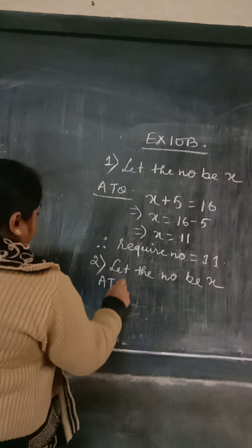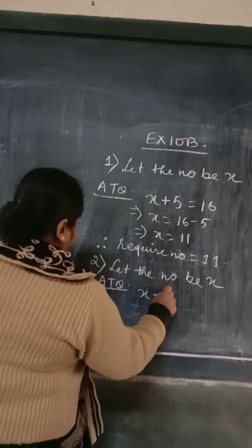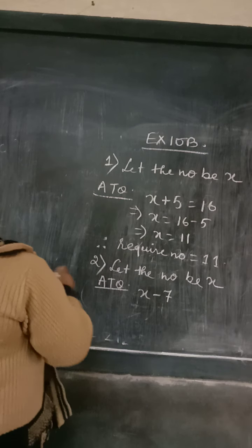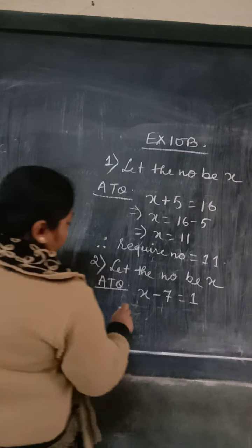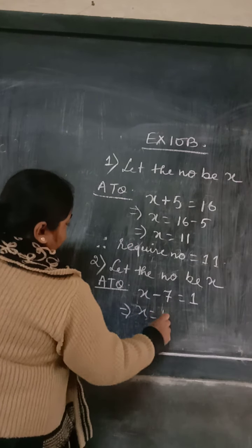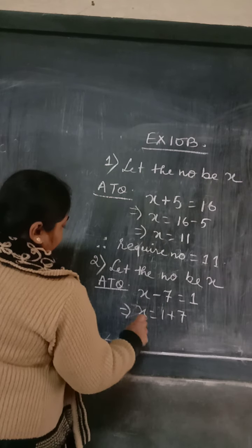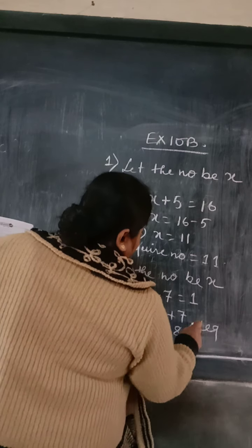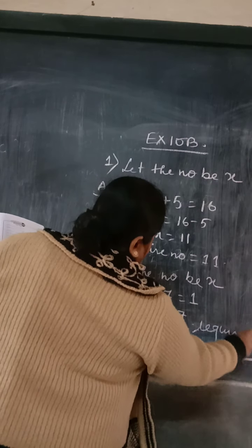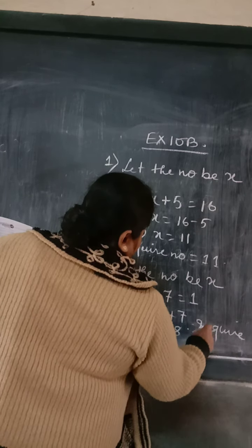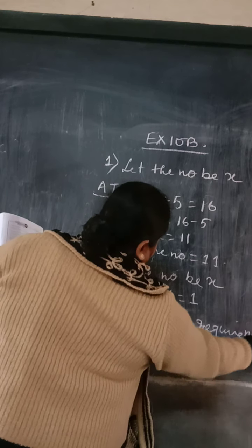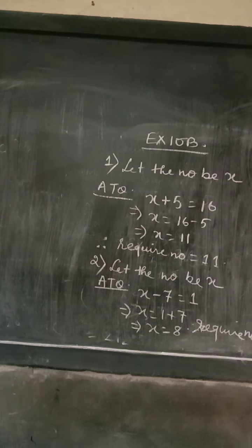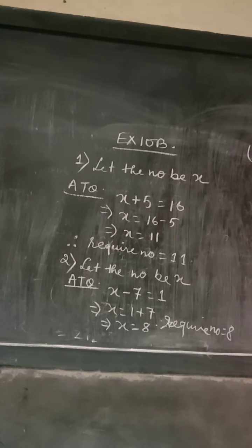According to the question, it is decreasing by 7, so x minus 7 gives you 1, or x is equal to 1 plus 7, or x is equal to 8. So the required number is 8.